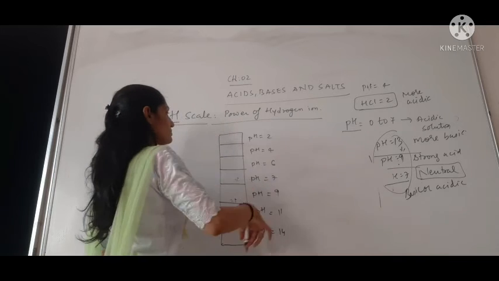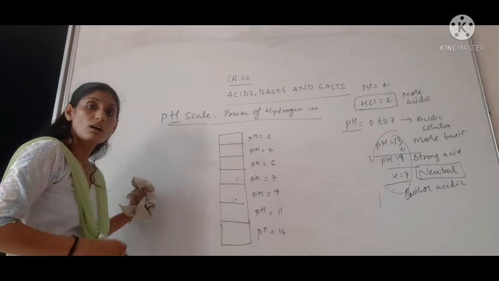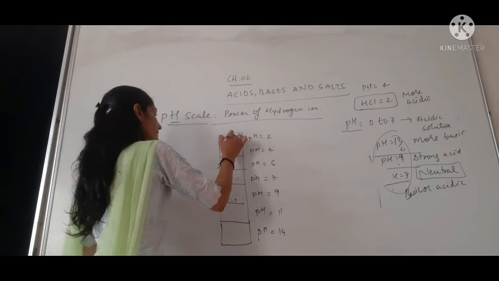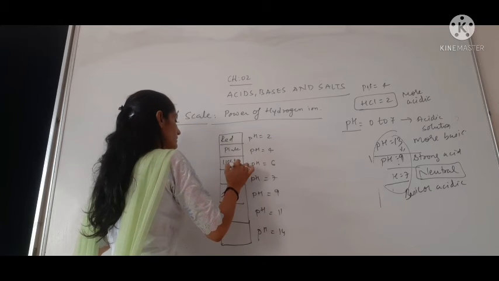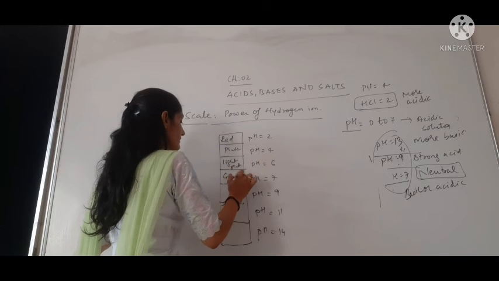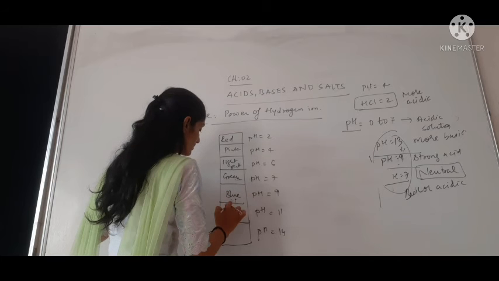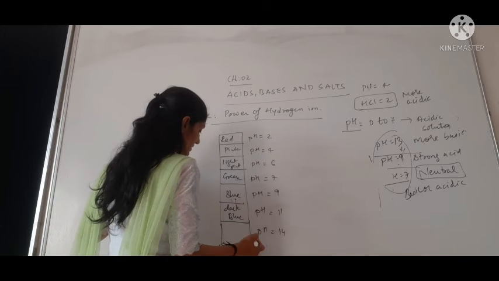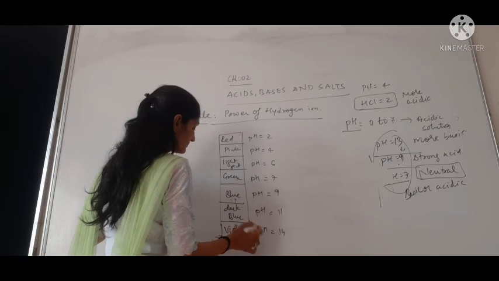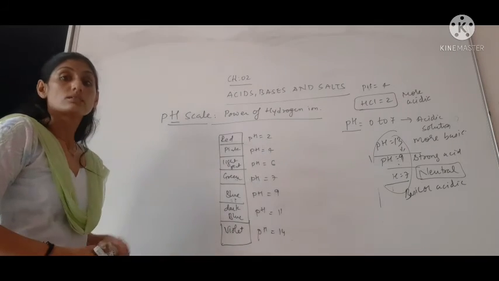So in this way you can find out the particular color: red, pink, light pink, green, blue, dark blue, and here that is violet color. So that is all about the pH paper.